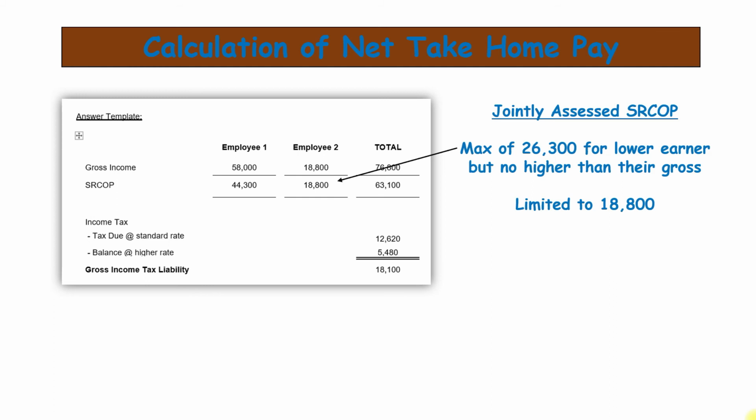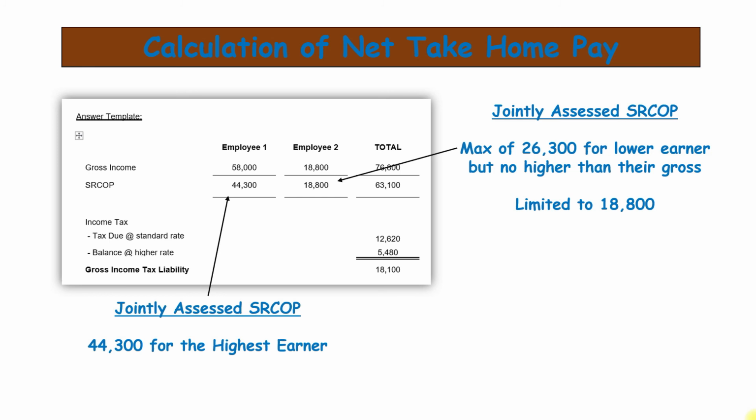Because the gross pay for employee 2 is less than $26,300, the cut-off point is capped at their gross of $18,800. The higher earner has the increased cut-off point of $44,300. Using the total column only, we can then calculate the jointly assessed PAYE.